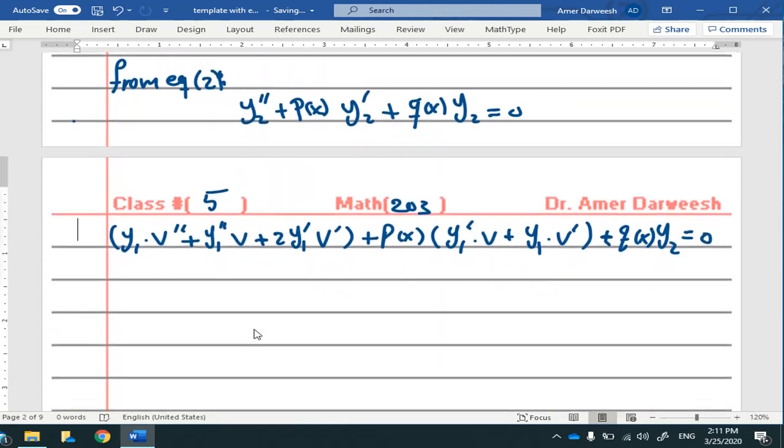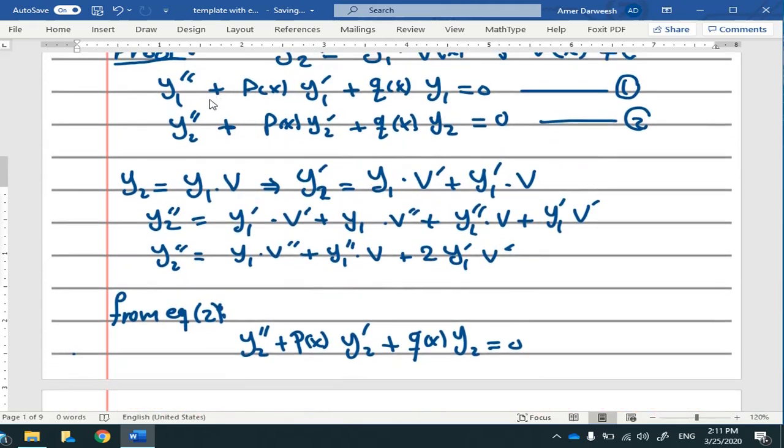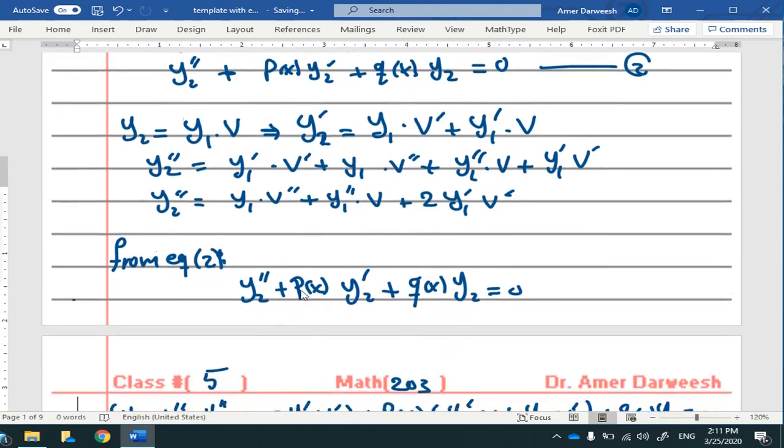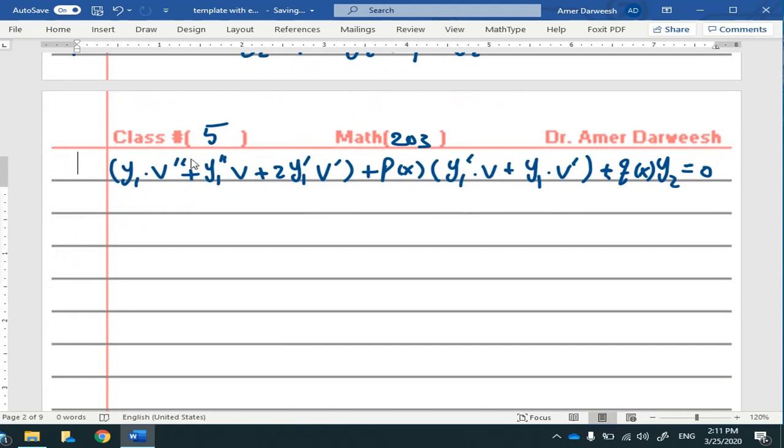Now we will also use equation number 1, which says that y1 is a solution. So let's factor out terms.